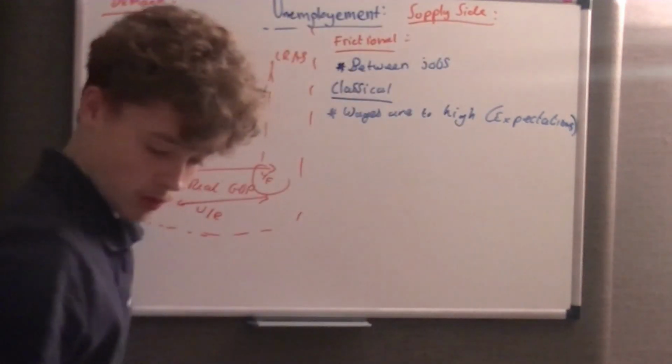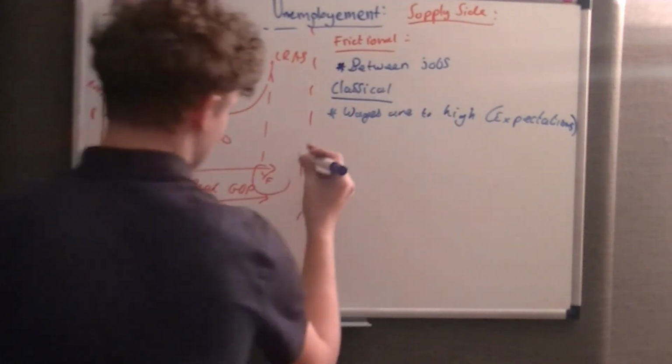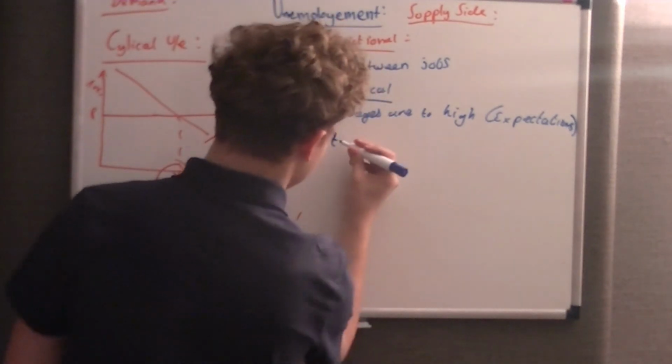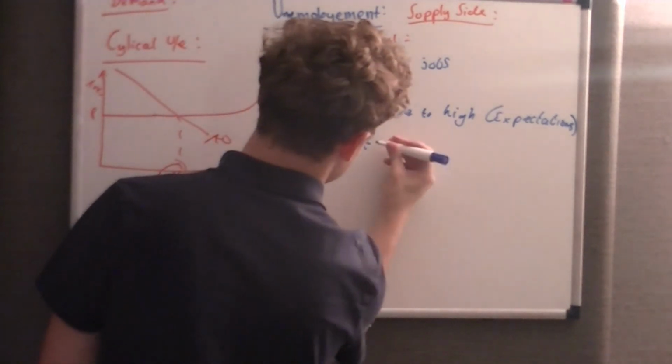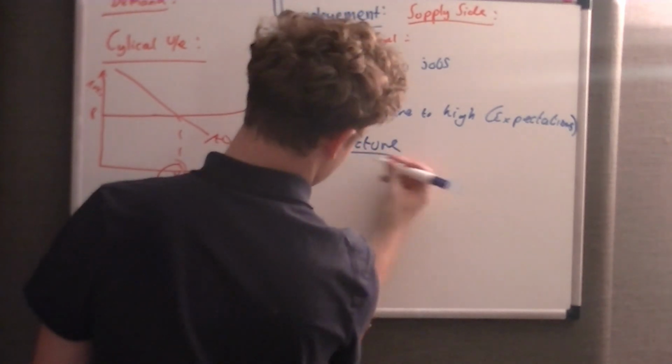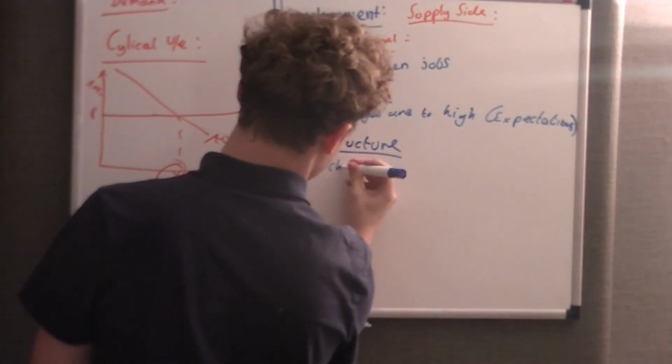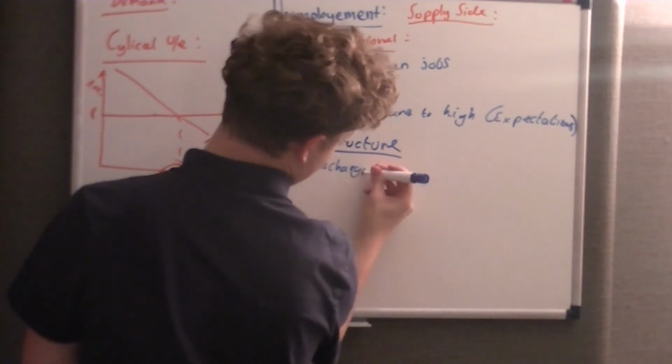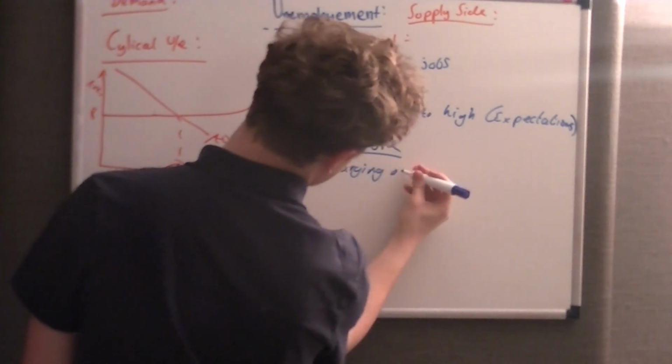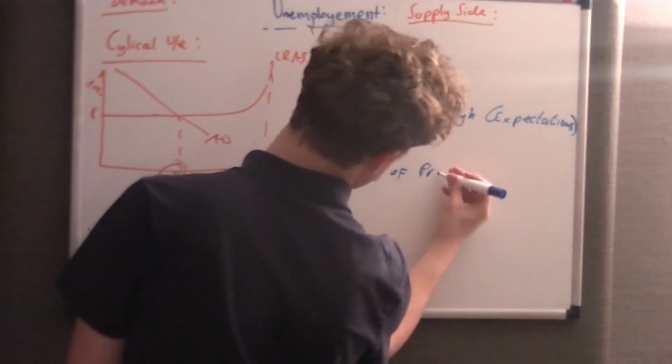And then we've also got the structural unemployment, as we talked about, the economy changing the way it thinks or what it needs. So changing of production in the economy.